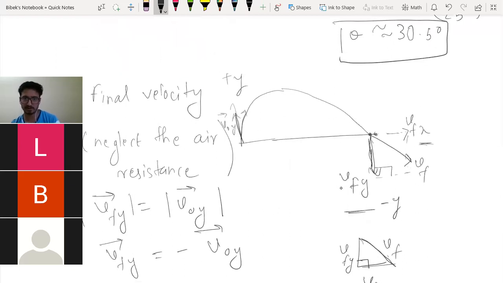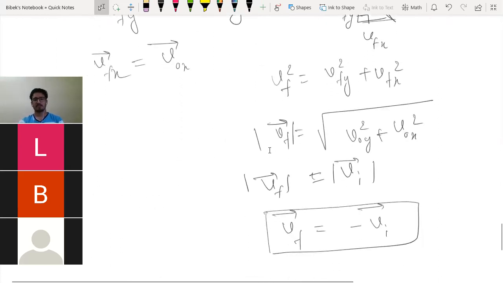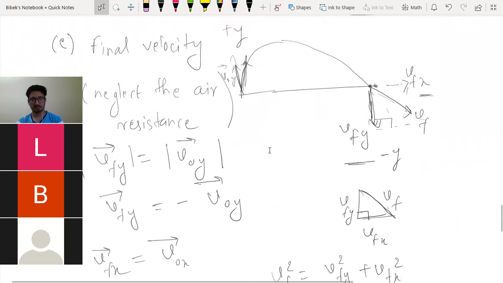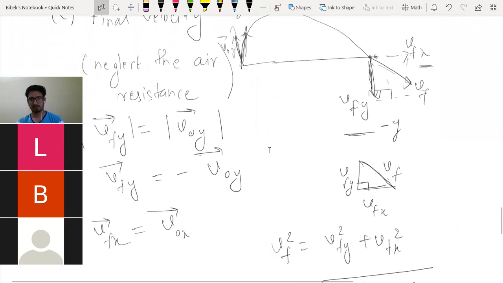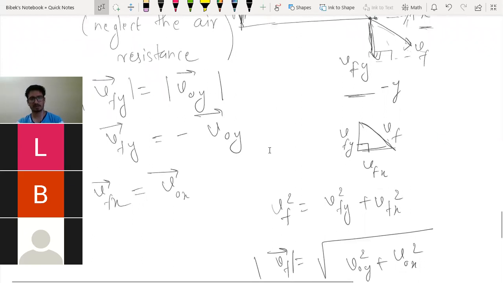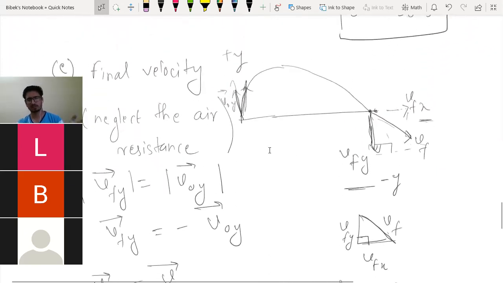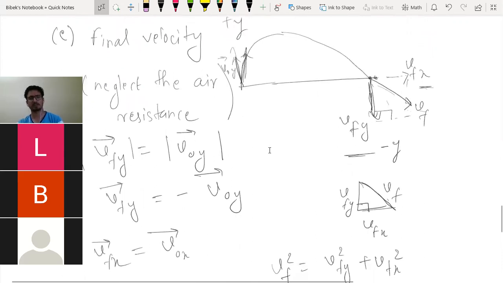You can see here as well: the initial velocity is going in this direction, and your final velocity is going in this direction. They are exactly opposite. A lot of students made a mistake in this problem last time when I was grading, doing all the other calculations. You don't need to do any other calculation.